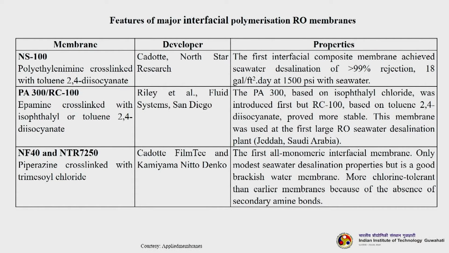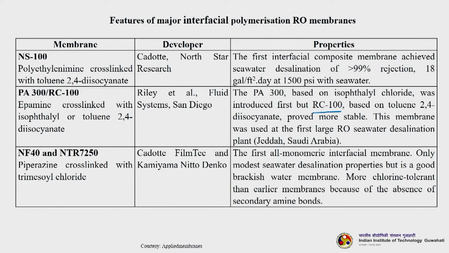The stability is better for the RC 100 membrane compared to the PA 300 membrane. This membrane was used in the first stage RO seawater desalination plant that I have told you about in one of the slides. It was used in Jeddah in Saudi Arabia.